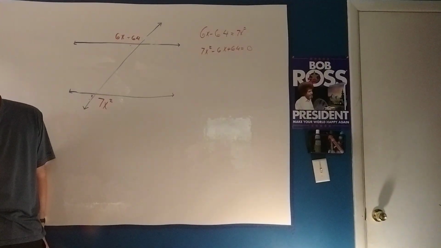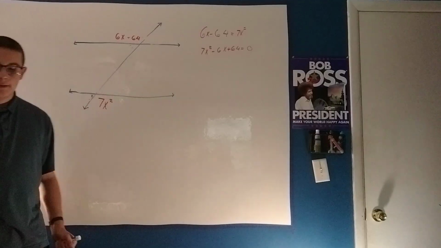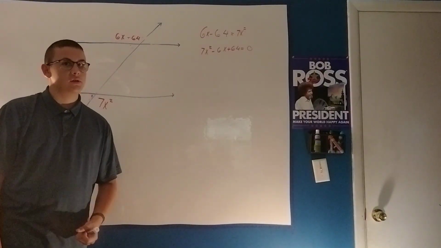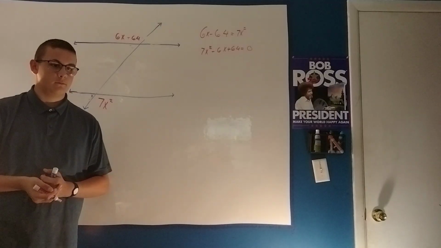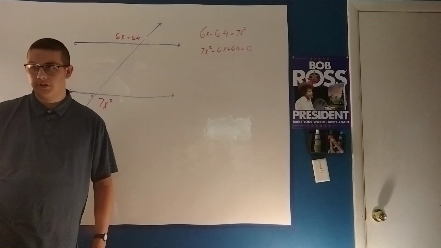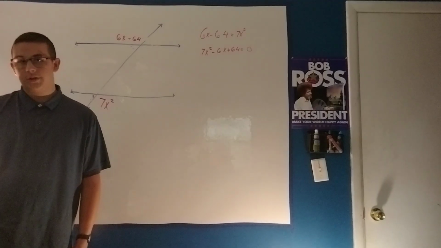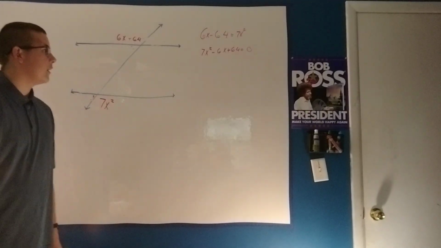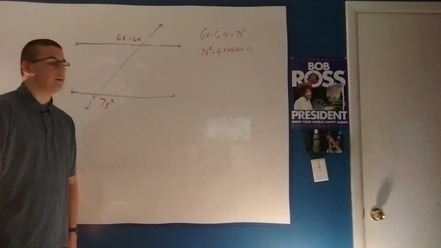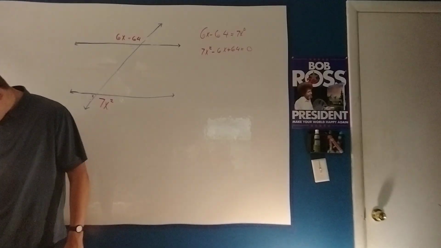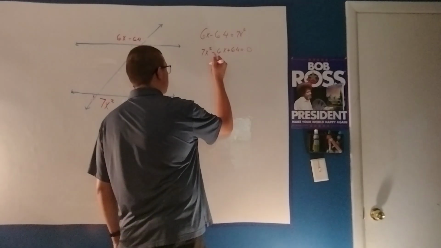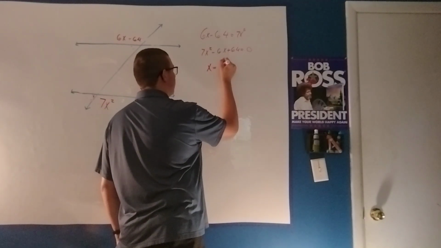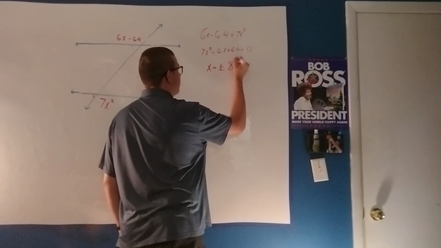If we work that out, you put it into your quadratic equation, complete the square, however you want to do it, or just use the calculator program I put on your calculator if you have it, and you will get x equals plus or minus 8.